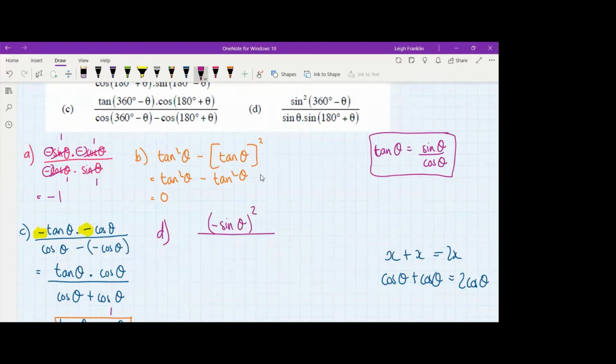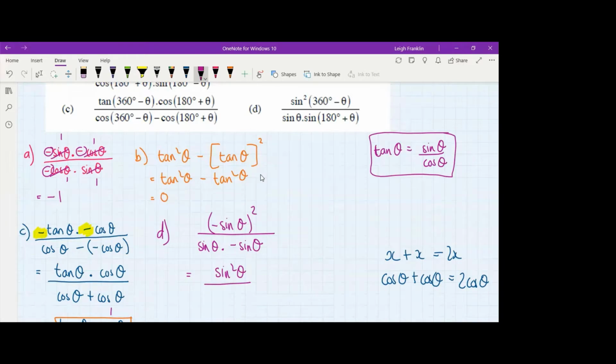That's our numerator. Over now at the bottom, we've got sine theta, and then that's being multiplied by sine 180 plus theta. That's quadrant number 3. So this is negative sine theta. So now at the top, we've got negative sine theta times negative sine theta, which gives us positive sine squared theta.